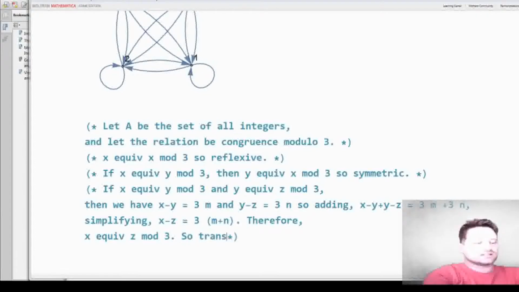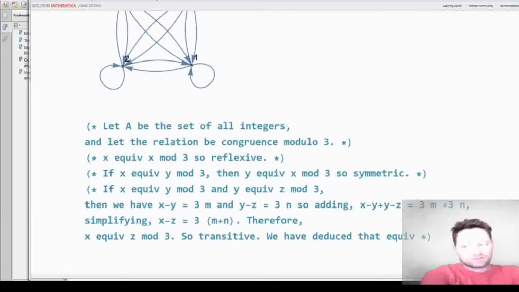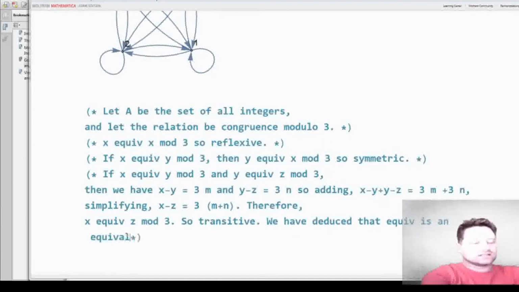So transitive. Okay, now what have we done? We have deduced that congruence is an equivalence relation. Okay, that's what we found out.